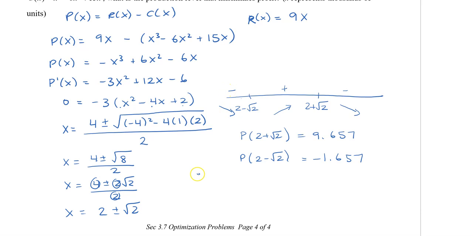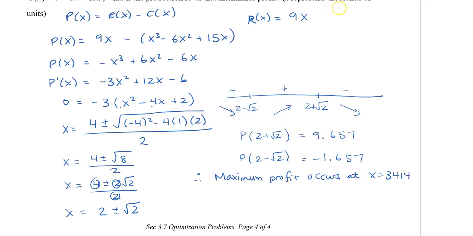So what's happening is that I have a maximum profit, and that occurs at x equal to 3.414. So that's the value I get when I take 2 plus root 2, okay?